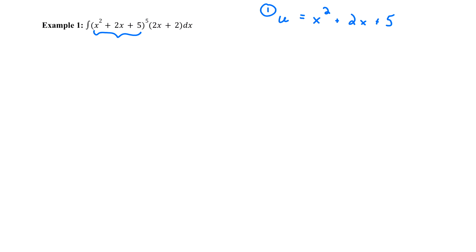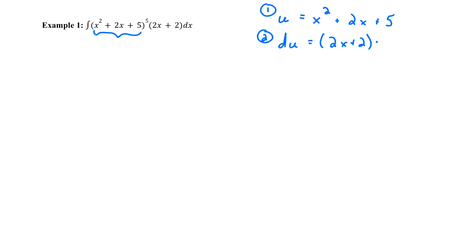My second step is to find du. I need to find something called the differential, which you don't need to know exactly what that is right now. The way we find du is by taking the derivative of what came above it, the derivative of x squared plus 2x plus 5, which gives me 2x plus 2.